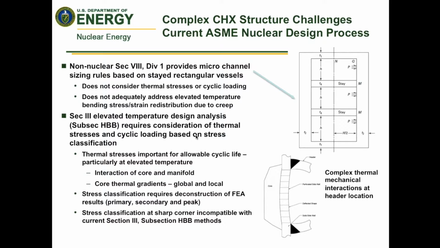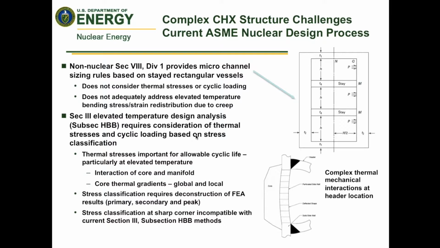For Section 3, the nuclear construction portion of ASME code, it does require consideration of thermal stresses and cyclic loading based on stress classification, which is not available in using the Section 8 methods. Thermal stresses are particularly important for allowable cyclic stress, particularly at elevated temperatures, and has to include interactions of the core and the manifold, as well as thermal gradients within the core, both locally and globally.